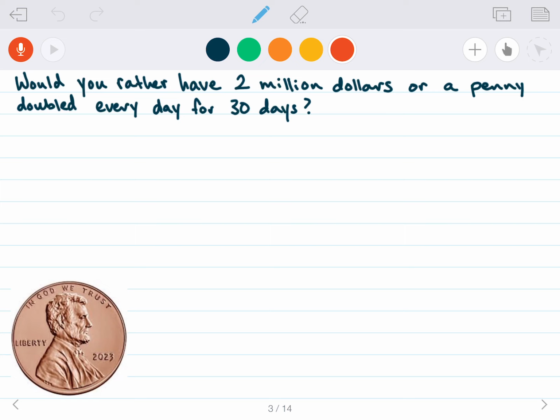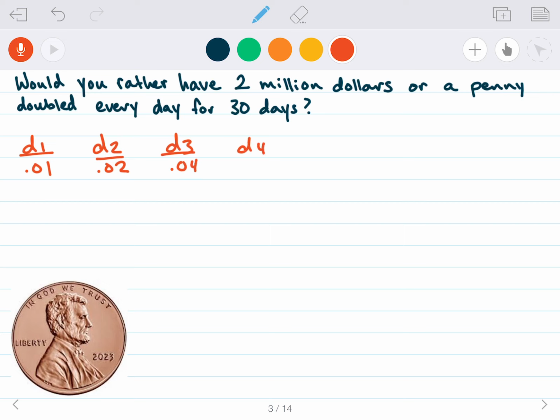Well, let's see. On day 1, we have a penny. So we just have a penny, 1 cent. Now on day 2, if I double that penny from day 1, on day 2, I have 2 cents. Okay. On day 3, I have 4 cents.